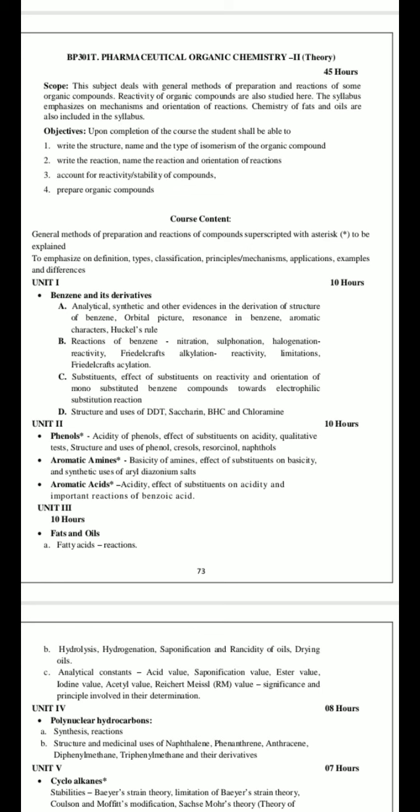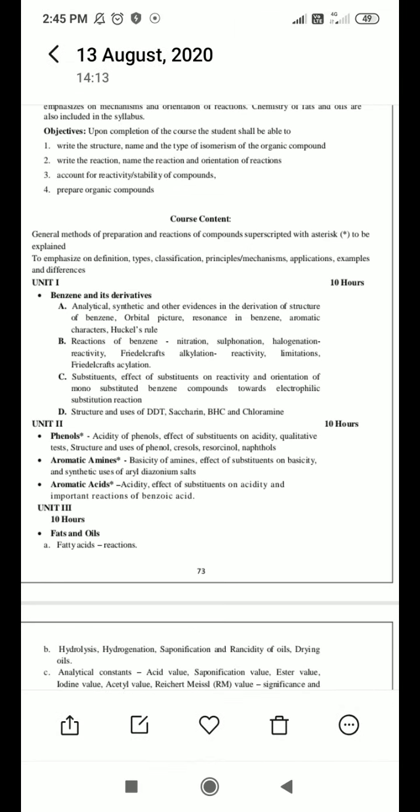Then orientation of reactions, means how the reactivity of the compound will occur, it will be known in detail. Then stability of the compound, preparation of different organic compounds using different methods, different rearrangements, etc.